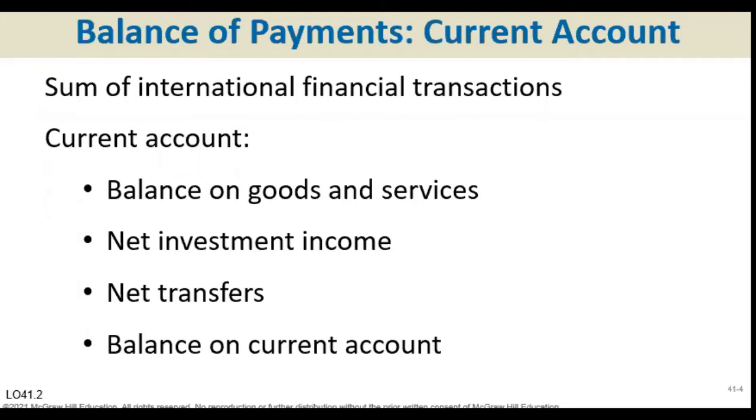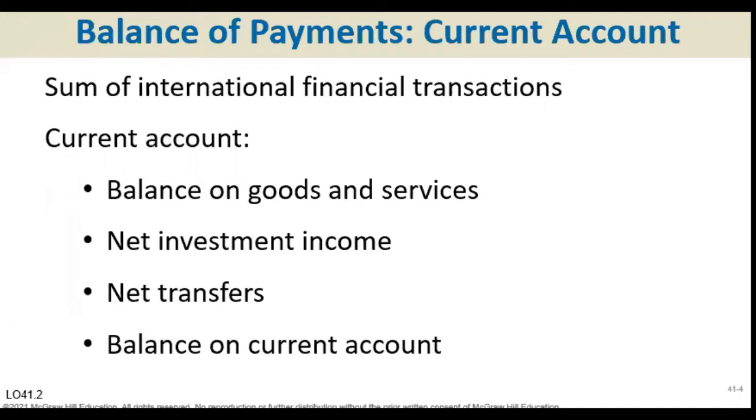Also included in the current account is the net investment income, which represents the difference between the interest and dividend payments that foreigners pay U.S. citizens and companies for services provided, and the interest and dividends U.S. citizens and companies pay for the services provided by foreign capital invested in the United States.